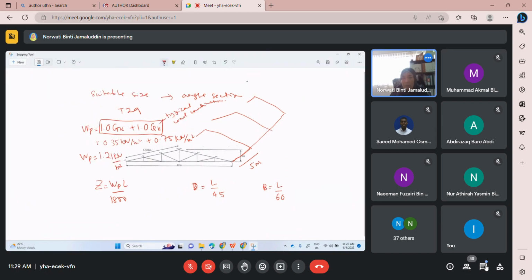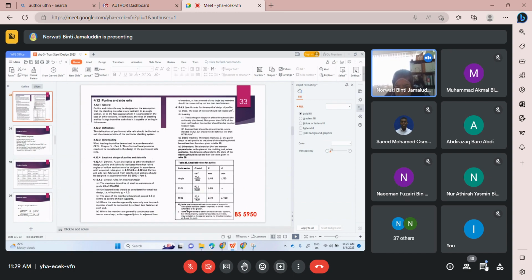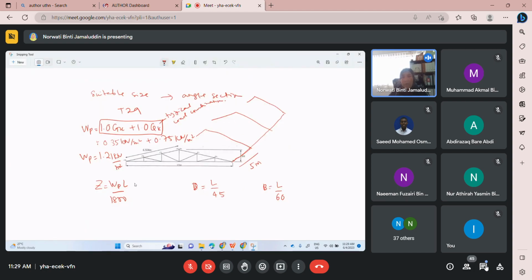Now, WP should be in the unit of kilonewton, so you need to convert. How can we convert it? We need to refer to the plan view.